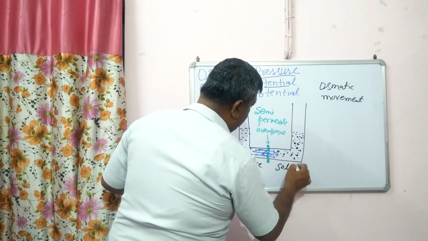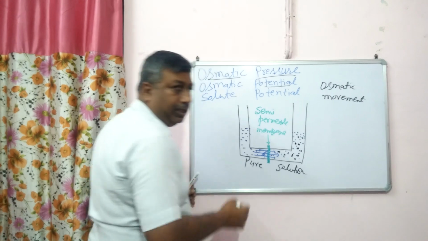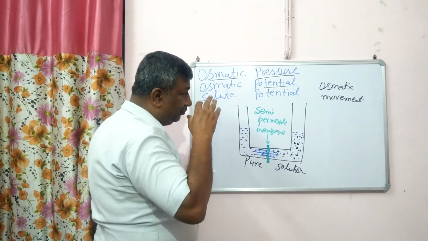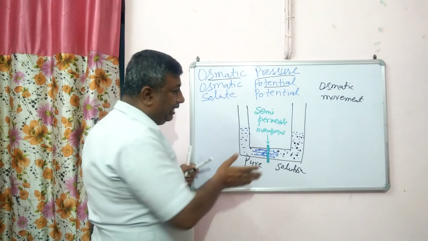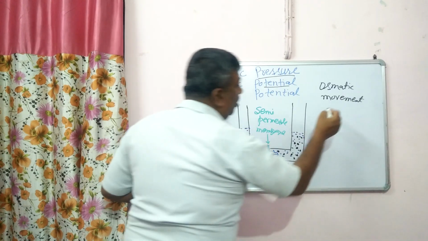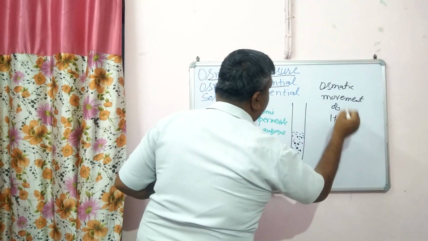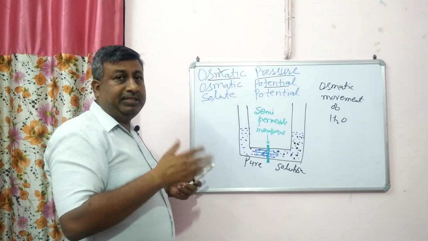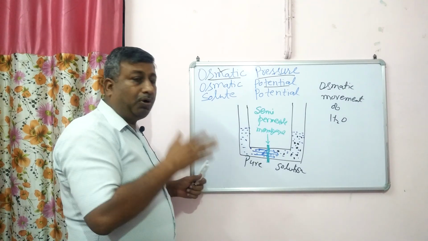This is the solution where solutes are present. So there is a pressure which is developed during osmotic movement of water, and this pressure is called the osmotic pressure. So osmotic pressure is developed when there is osmosis.